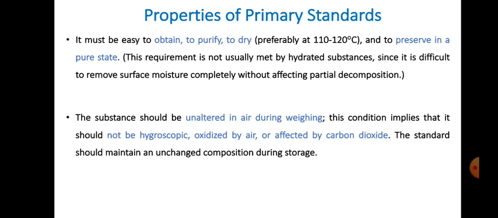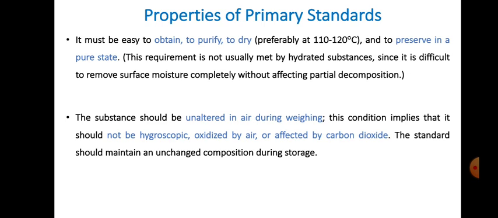Or if it is affected by carbon dioxide, then those substances change their chemical nature or original form, and they cannot be used as primary standards. The substance should also maintain an unchanged composition during storage. Even if you are not exposing it to atmospheric moisture, if during storage it undergoes degradation by chemical changes or its physical form changes, then its originality is lost, and we cannot consider it a primary standard.